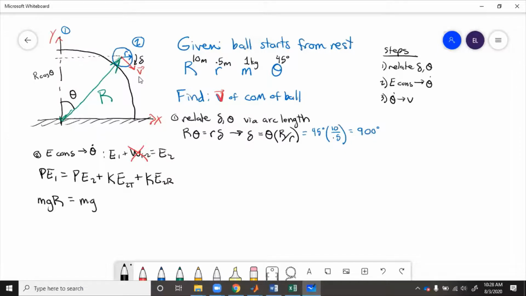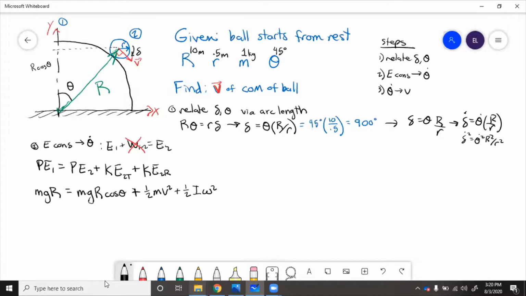So mg R cos theta. So this is going to be plus 1/2 m v squared plus 1/2 I omega squared.